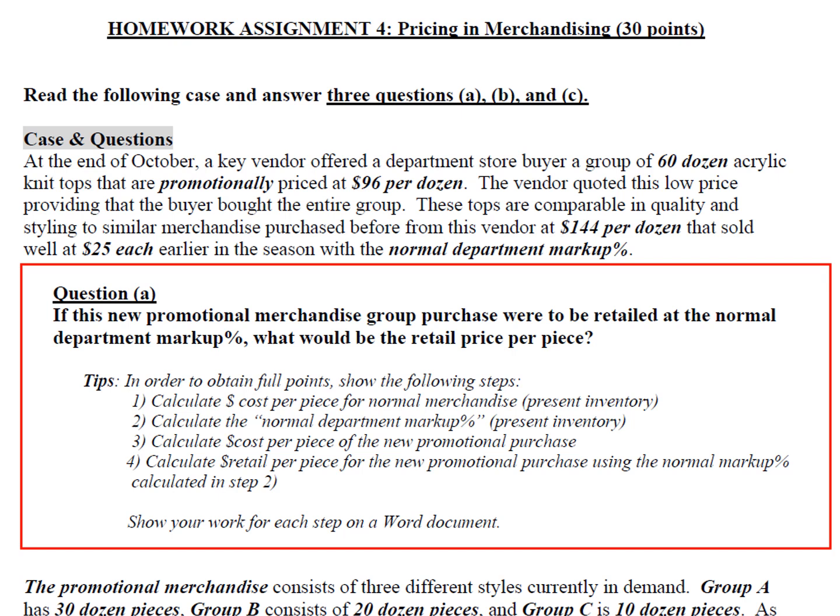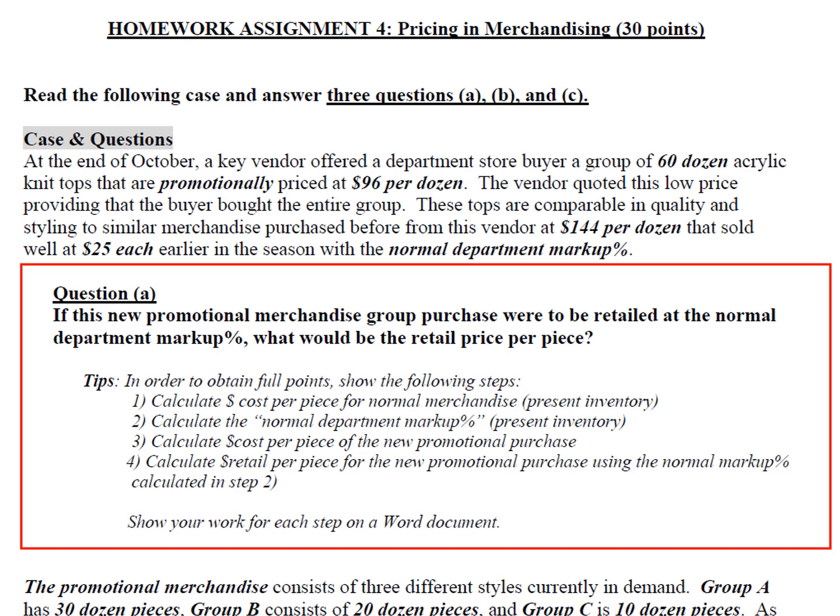Under the question, I gave some tips. In order to answer this question, you're going to have to go through these steps. First, calculate the unit cost for the normal, existing merchandise, which was given as $144 per dozen. So how much is it per piece, when that was the cost per dozen?